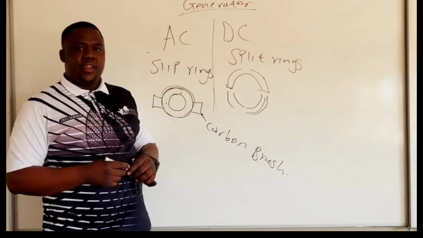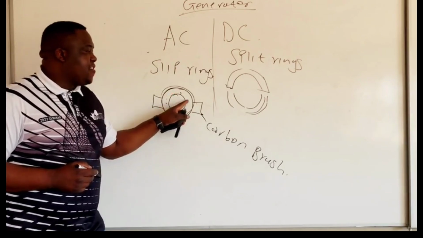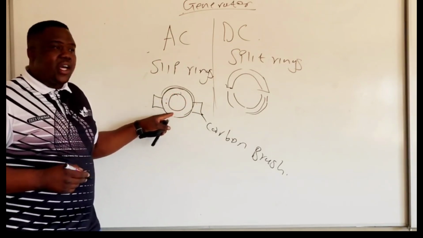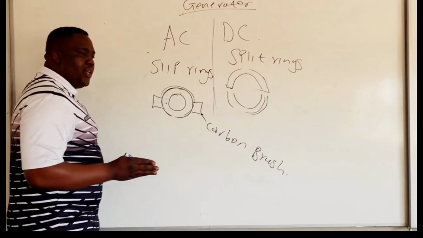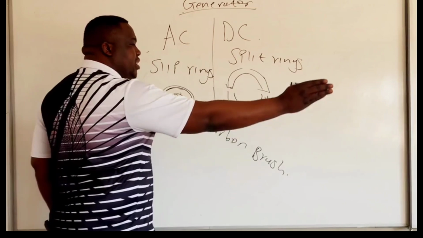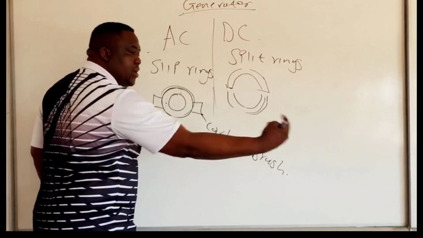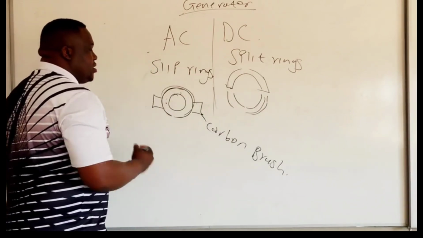So the slip ring causes current to move back and forth. Current does not move in the same direction continuously. Current will move in this direction and come back like that in an AC generator. We say that it is alternating.